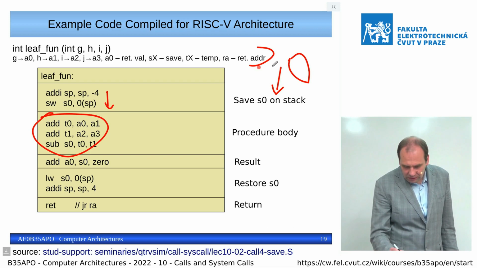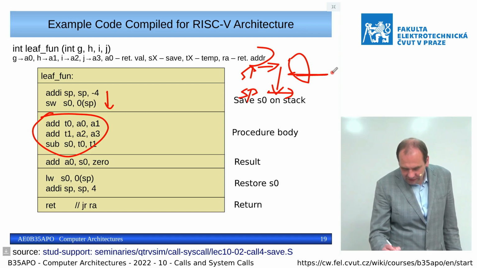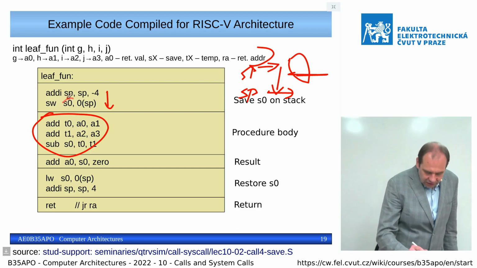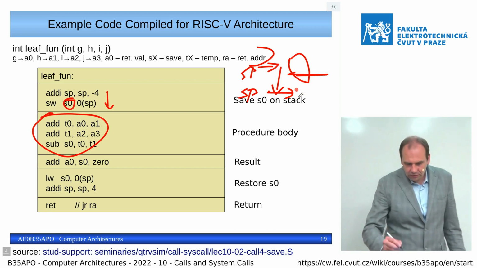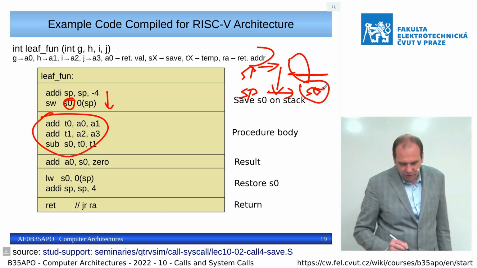So there is the stack pointer SP pointing to some location. We have subtracted 4, so now there is a new SP value which points somewhere where our new space is allocated on the stack. We store the previous value of the saved register here. So the previous S0 is stored.